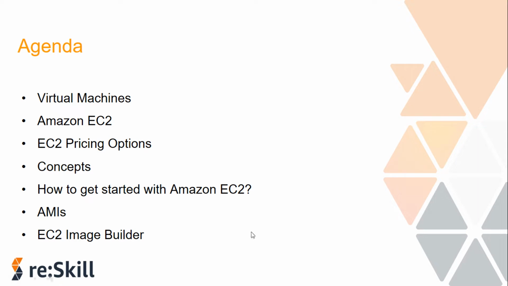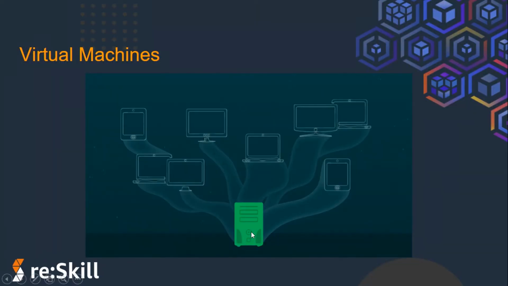So let's begin quickly with our first topic, virtual machines. Before we begin learning about Amazon EC2, let's have a quick overview of what virtual machines are. We have a process known as server virtualization, which is a process of dividing a physical server into multiple unique and isolated virtual servers, where each virtual server can run its own operating system independently.